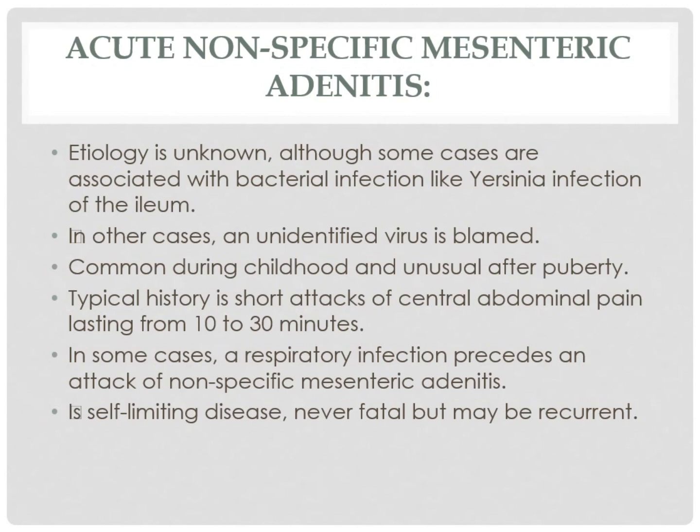The typical history is attacks of central abdominal pain lasting for about 10 to 30 minutes. Also, in some cases, maybe a respiratory infection precedes the abdominal pain. It's self-limiting, no need for medications or treatment, and never fatal, but may be recurrent. And it's so annoying, because you always misdiagnose it as appendicitis.